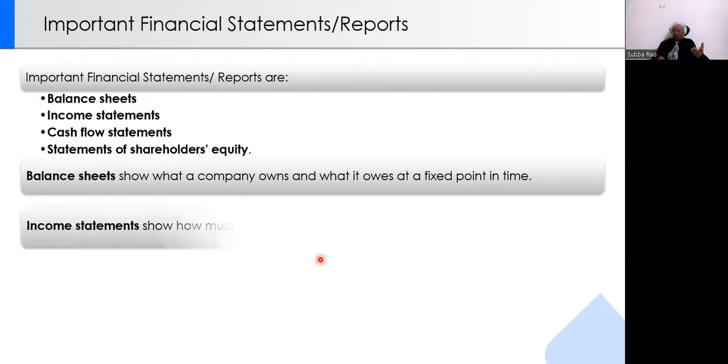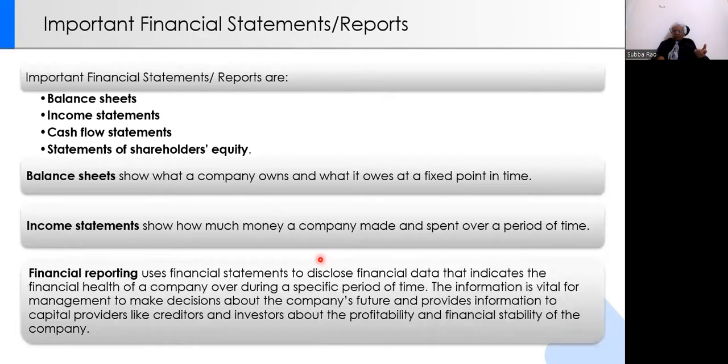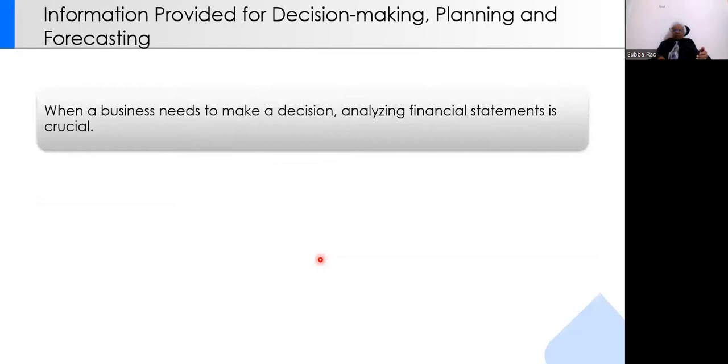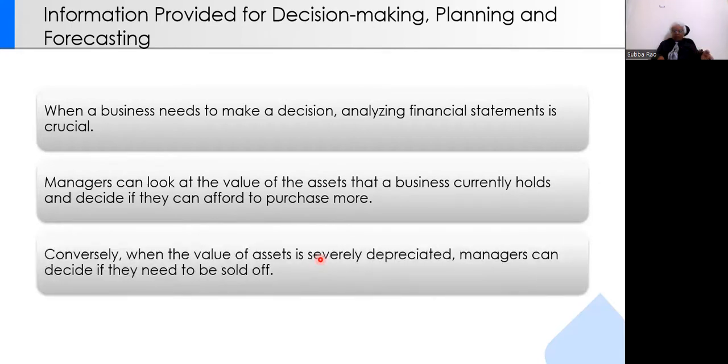So the balance sheet shows assets and liabilities, the income statement shows income and expenditure, then other reporting information as an annexure, as notes to the statements. When a business needs to make a decision, analyzing financial statements is very, very crucial. That is why, if they want to plan, if they want to forecast, even the management would like to have these reports, based on which they can plan according to their vision, as the case may be.